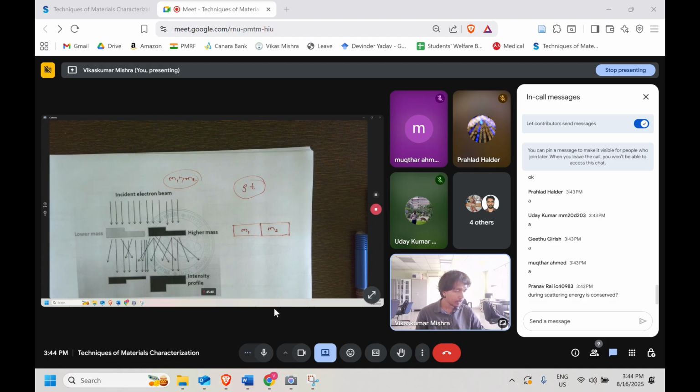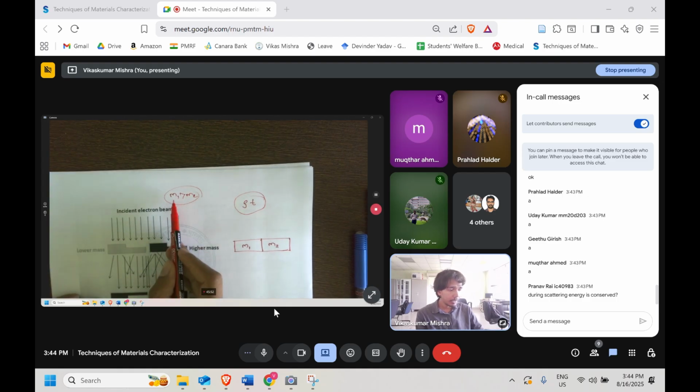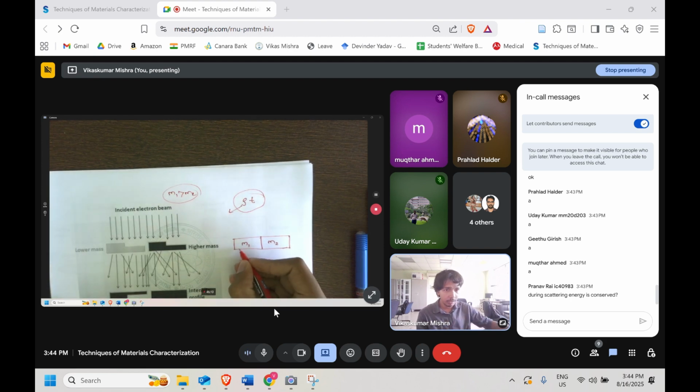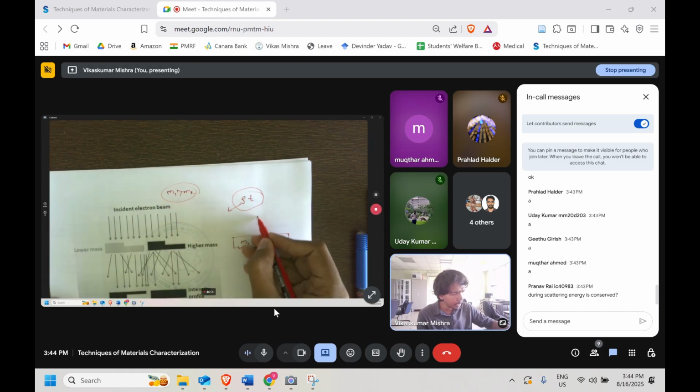Now, let's say m1 is greater than m2. When will I have more mass? When the density of the particular material is high. Higher density means highly close packed. So m1 is greater than m2, and I pass the electron beam.